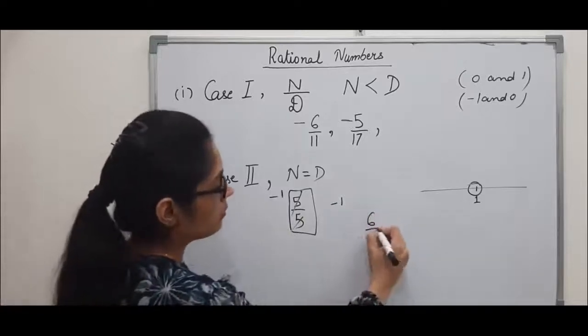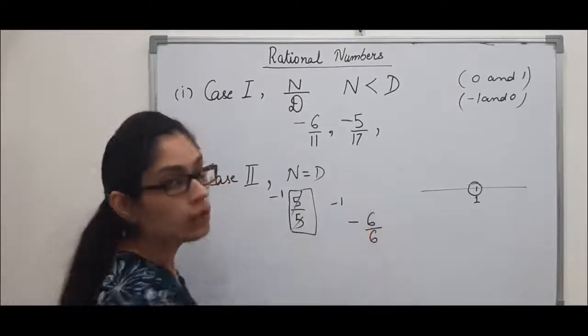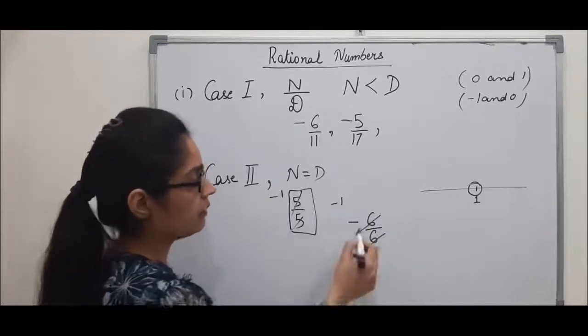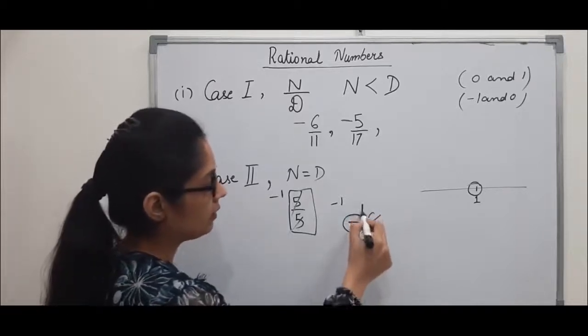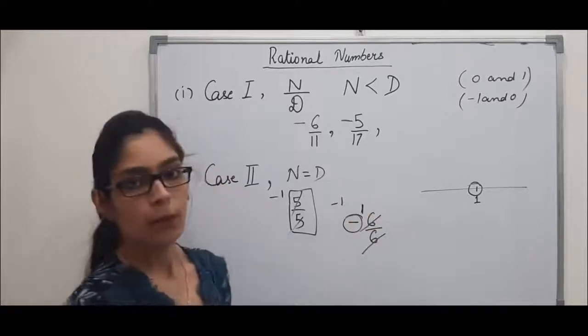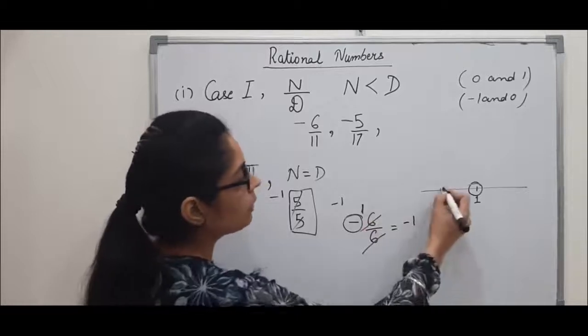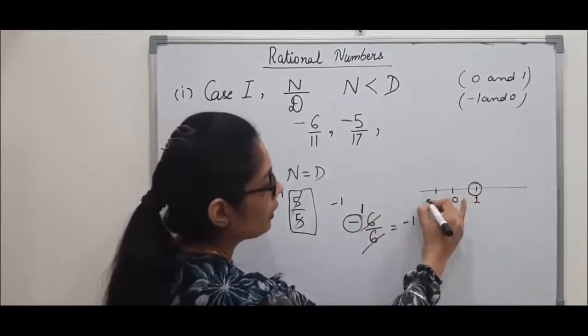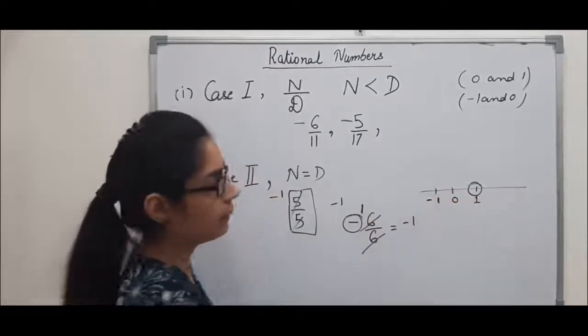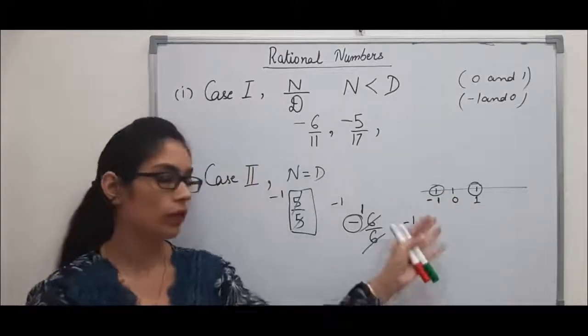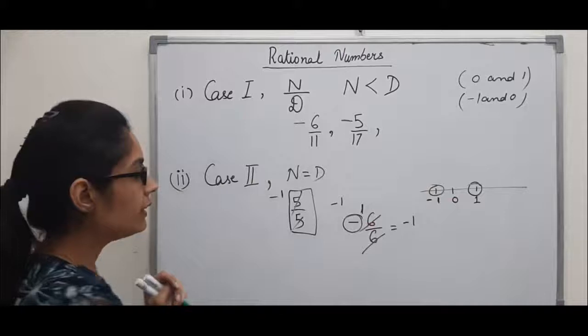We can take 6 by 6 given along with the minus sign. 6 and 6 get cancelled, leaving behind the minus sign, and on cancelling we get 1. So again it equals minus 1. Here is 0 and here is minus 1 on the number line. Simply we can represent the number as minus 1 on the number line. So this is very simple.